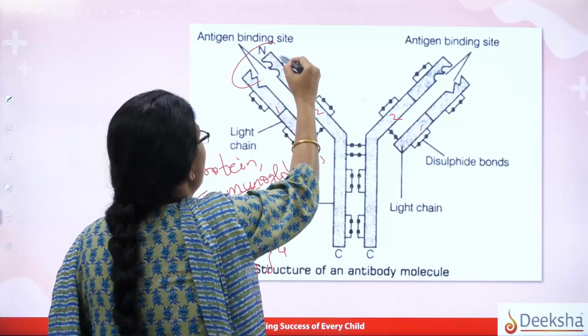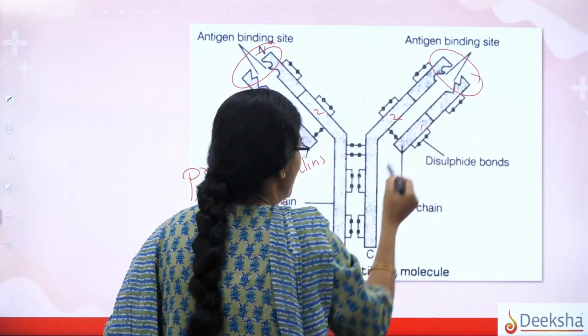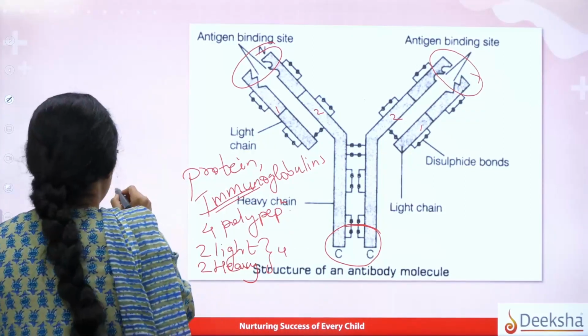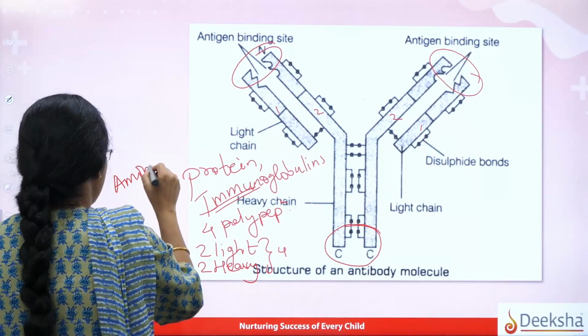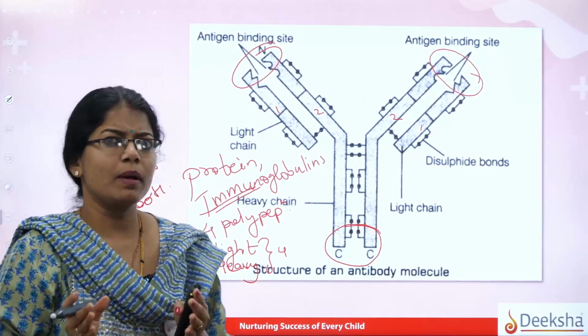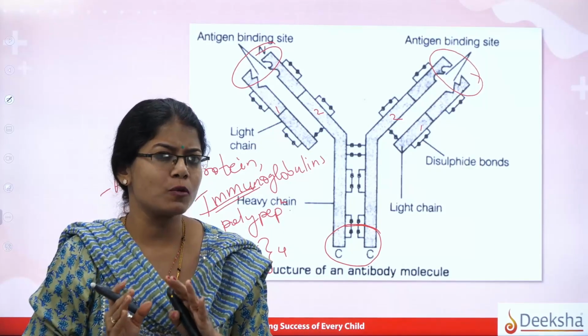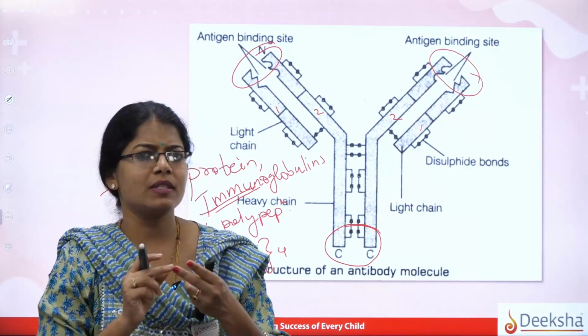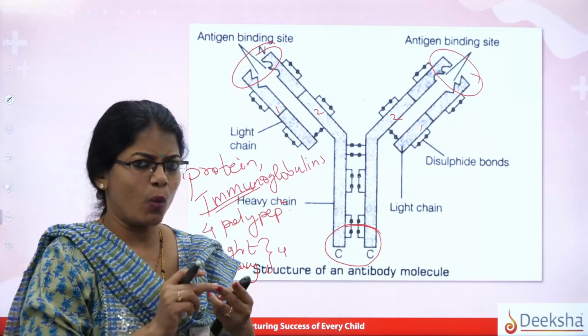Now, what is present here? Since it's a protein, you know the protein has got one amino terminus and one carboxylic acid terminus. Always remember this from biomolecules in first PUC, where we had studied that a protein has got two ends. One is the amino terminus and one is the carboxylic terminus, the COOH terminus.